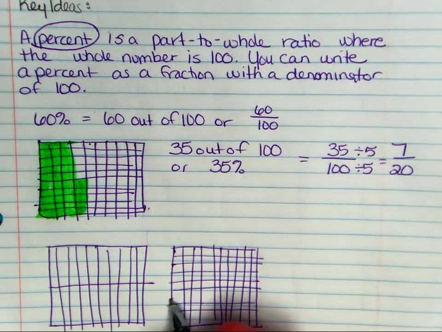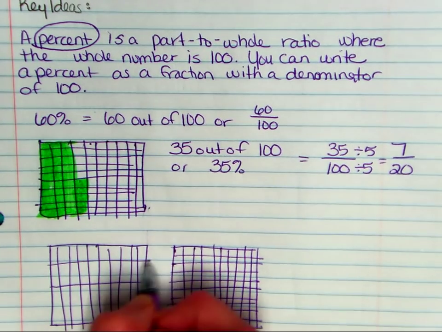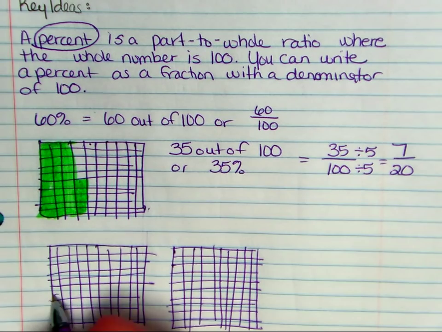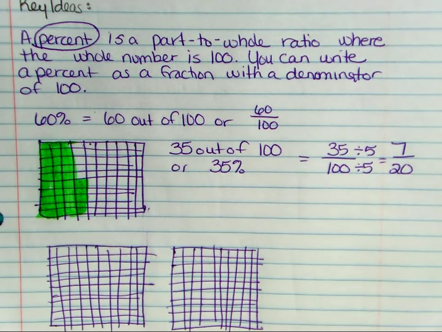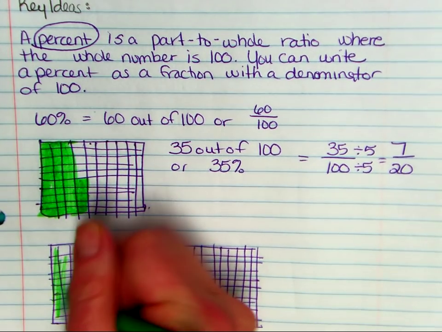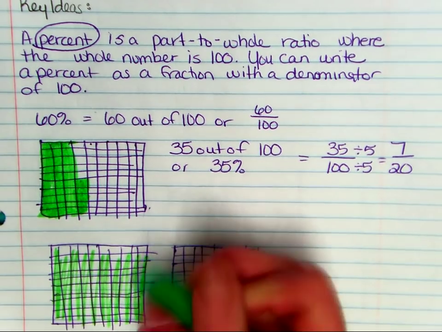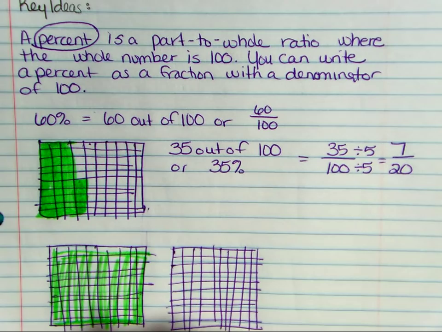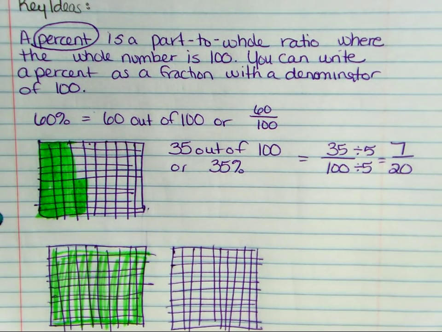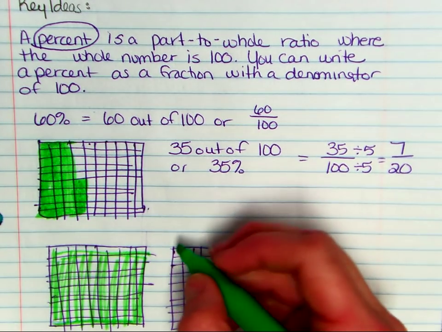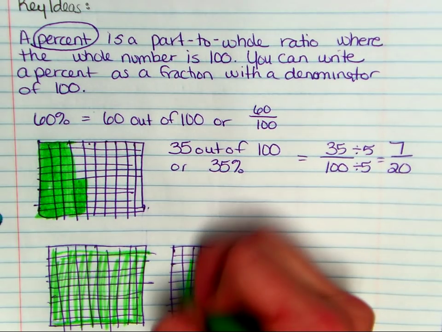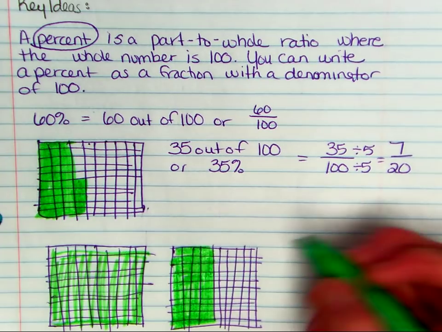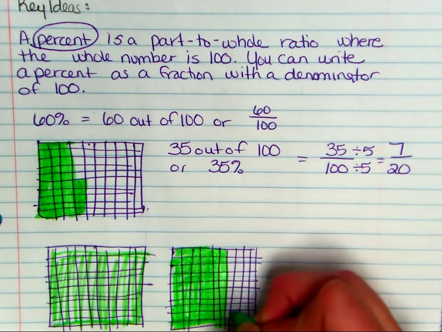It's not exactly even, but we get the idea of how many are in there, and that's okay. So what I could do is color this whole thing, signifying that I have 1 whole, and then let's do 7. Here's half, which would be 50. 50% is half.